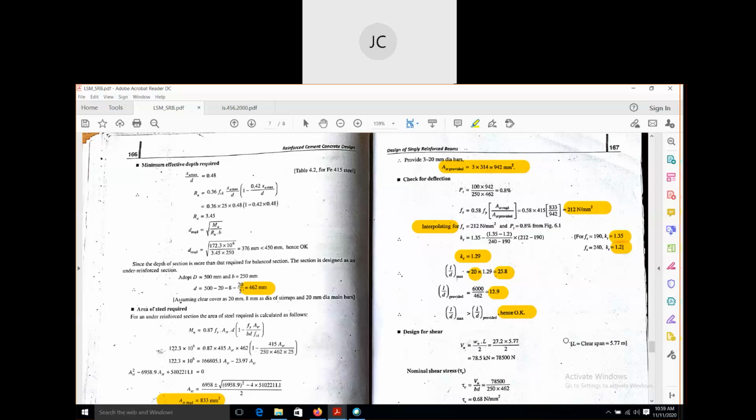Okay, so now do you have any doubt in this step? Anyone have any doubt in this step?